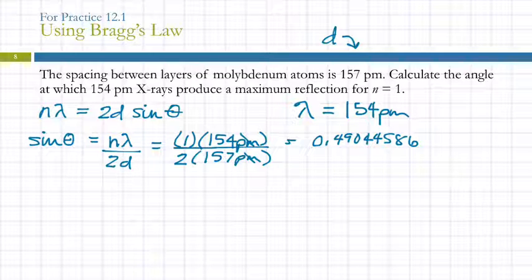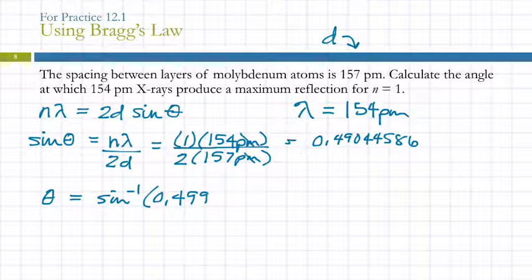If we know what the sine of theta is, how do we find out what theta is? The inverse sine. So theta will be the inverse sine of that number. 0.490445586.